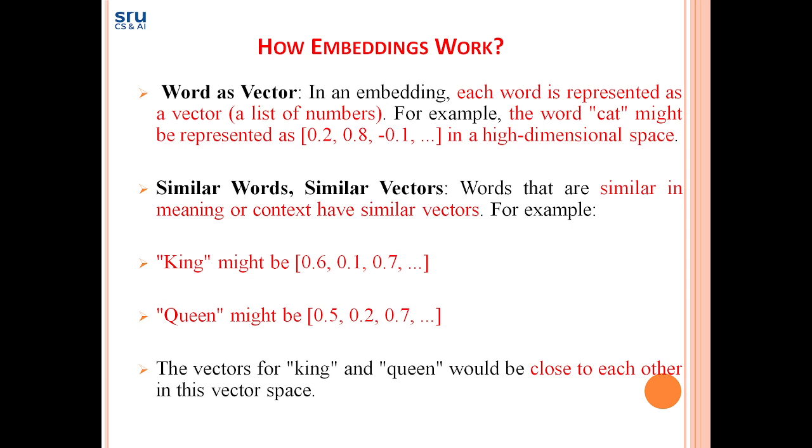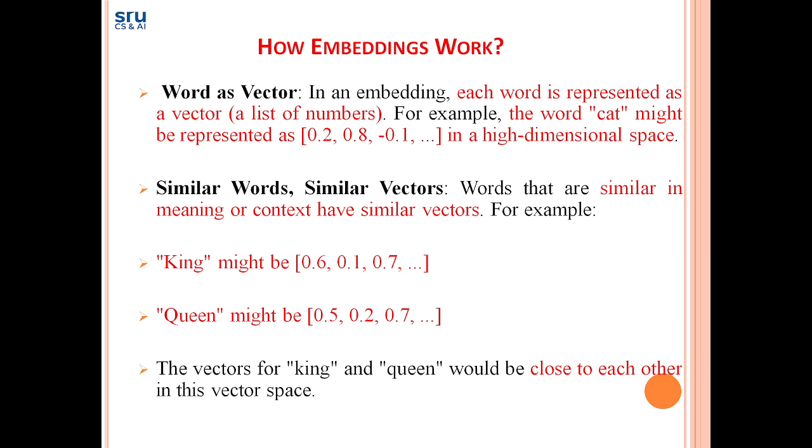How does embedding work? Words as vectors. In an embedding, each word is represented as a vector, a list of numbers. The word cat might be represented as 0.2, 0.1, minus 0.1 in a high dimensional space.